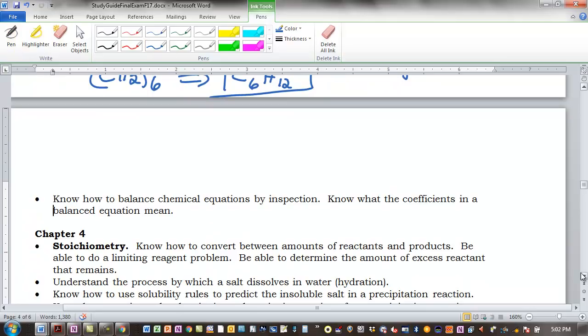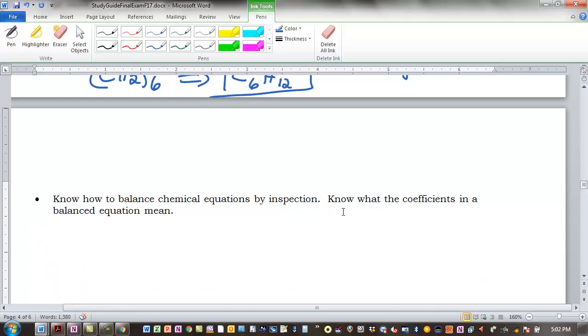All right, last thing in chapter 3, balancing equations by inspection. Do we need to practice that? Let's do one. Okay, let me see if I can find one here. All right, let's do this one.